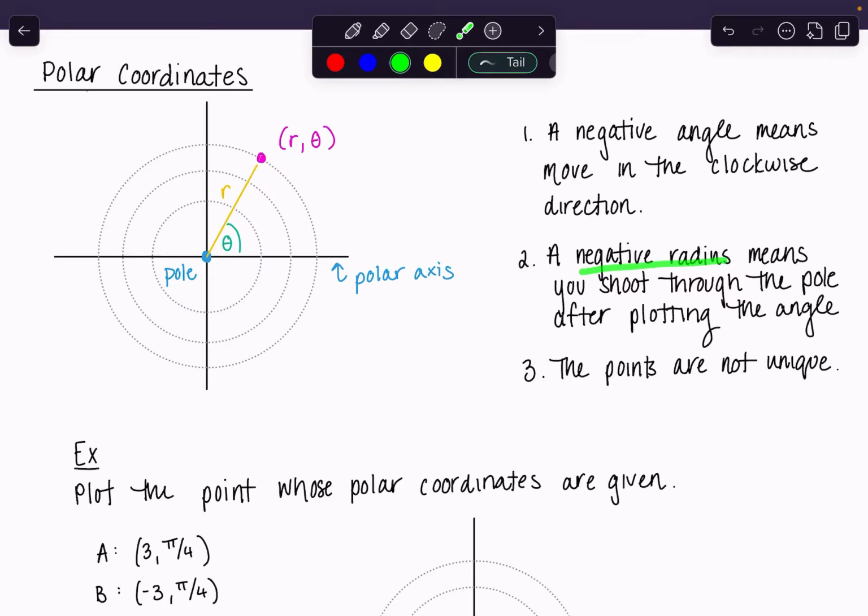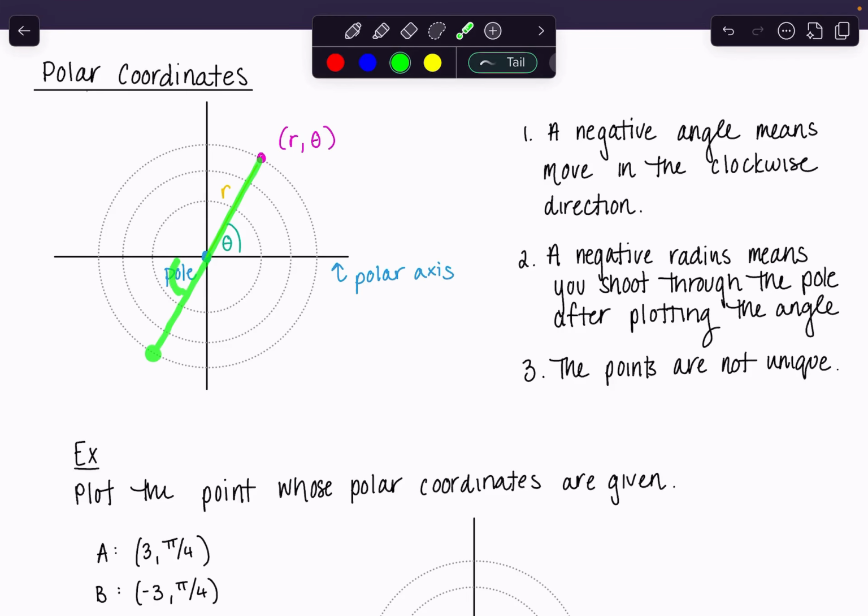If you have a negative radius, what you're going to do is plot your point like normal. But once you do, we do what's called shooting through the pole. So if this were my point here, my point with a negative radius would shoot through the pole and land on the exact opposite side.